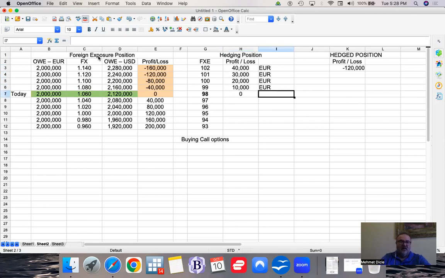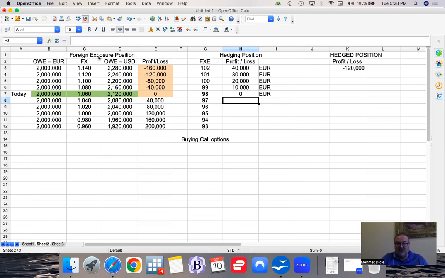Also, just to show you, as the exchange rate goes down, we actually have a loss on a call option. See, because it's a call option, we don't incur a loss. It's an option. We can walk away from it, and therefore we simply do not exercise the option.